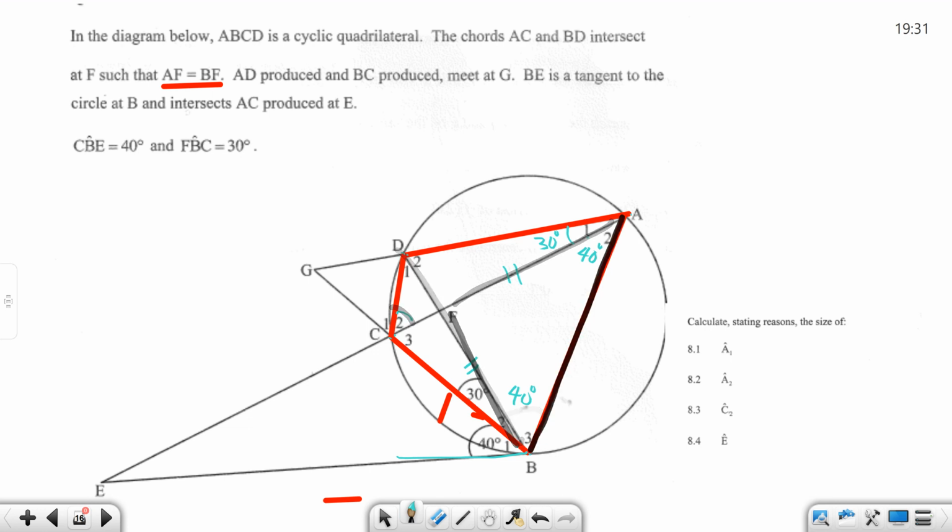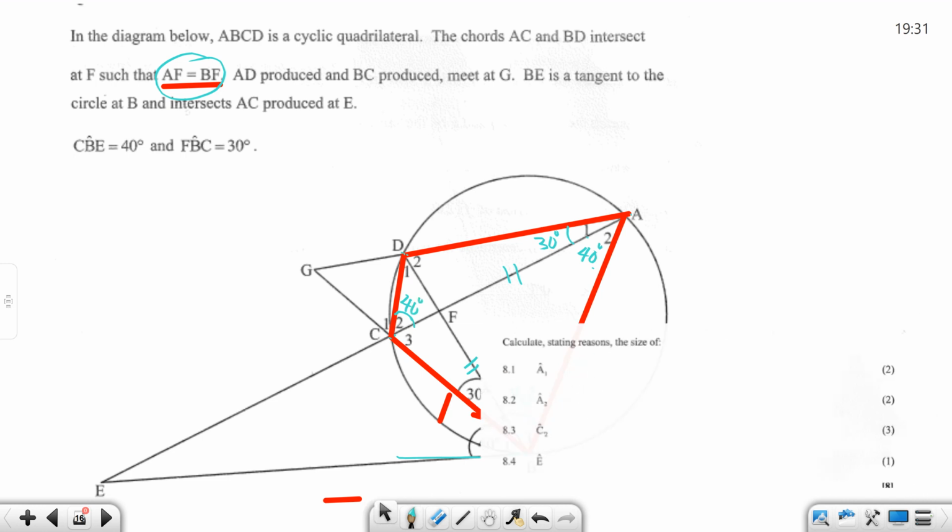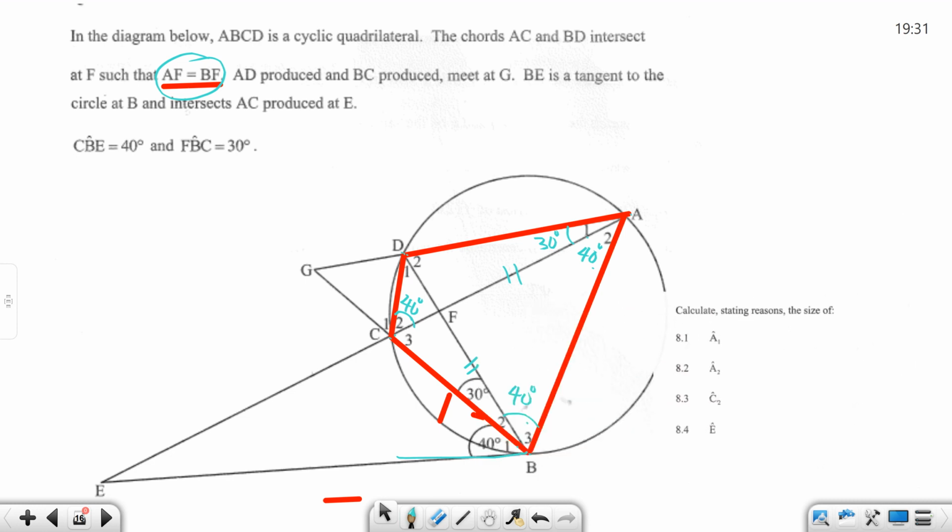Why? Angles opposite equal sides. So A2 is equal to B3, angles opposite equal sides. Then C2 is equal to B3, angles in the same segment. I'm sure this is 3 marks. You had to do some extra work.